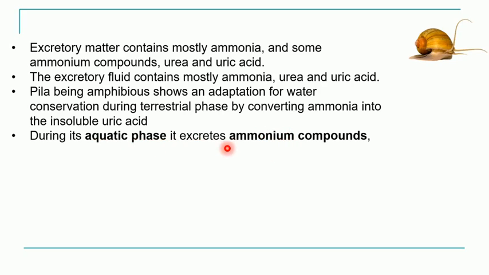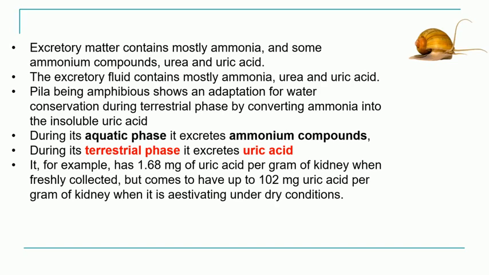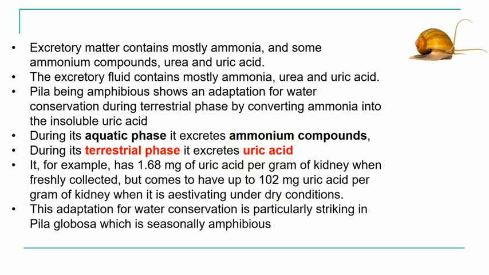So during the aquatic phase, it excretes ammonia, and when it is on the land, in the terrestrial phase, it excretes urea or uric acid as the waste product. So by this process, it can maintain the homeostasis of the body and also conserve water. When it is on the land, it can conserve water by excreting the waste material in the form of uric acid. So this adaptation helps in the maintenance of water in Pila when seasonal changes happen.